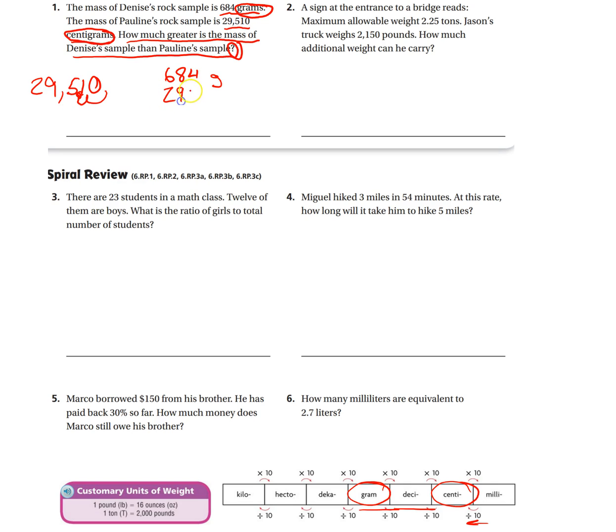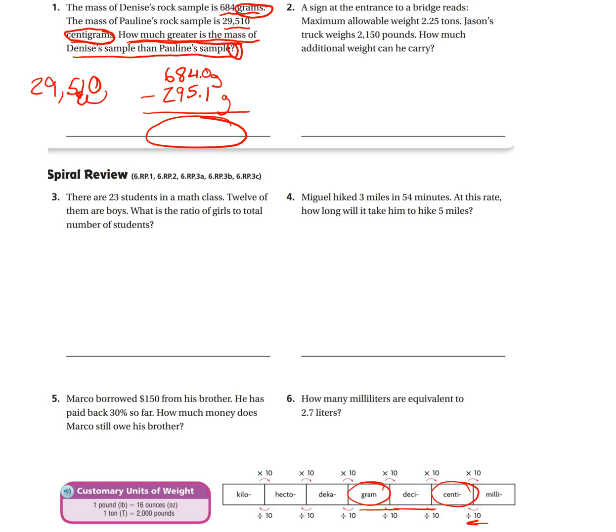So that's 295.1, and I can add a 0 here because they want to know how much greater, so I have to find the difference as well. I'll let you finish up that math to find the difference, and the difference is going to be your final answer.